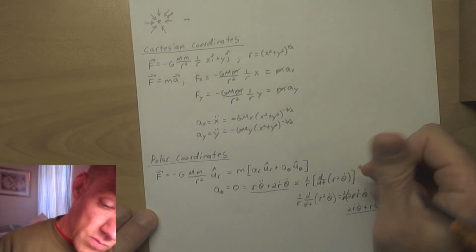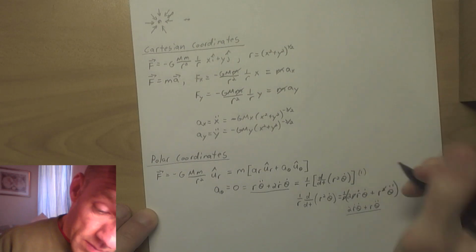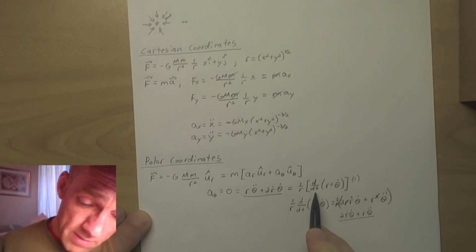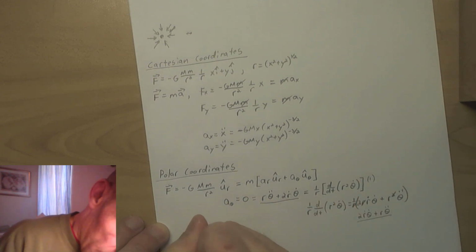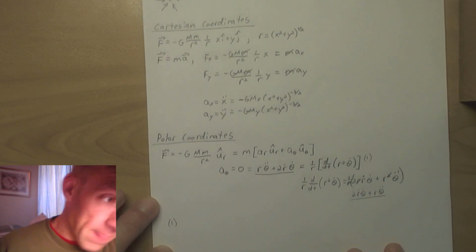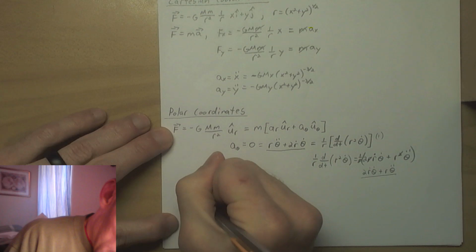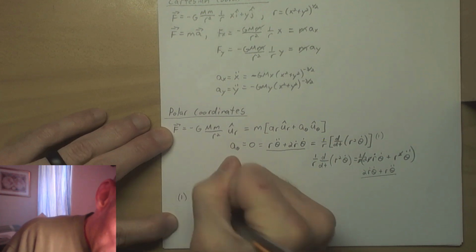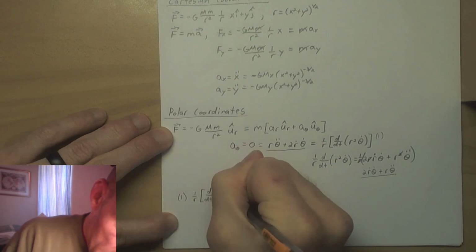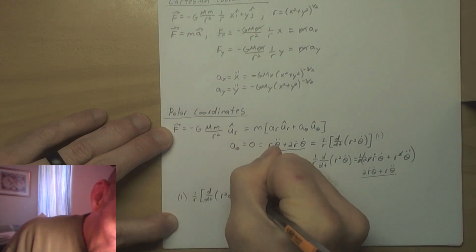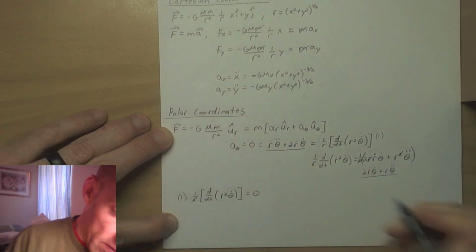Okay, so maybe we'll call this equation 1. And because this is equal to 0, we can solve equation 1, essentially. So in equation 1, I can just multiply through by r, and that goes away.